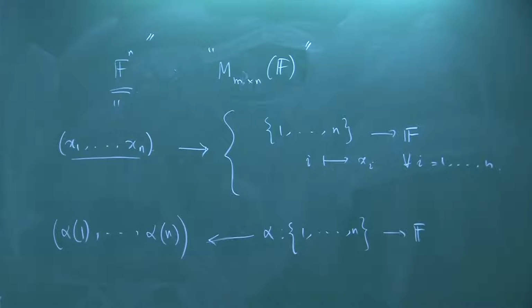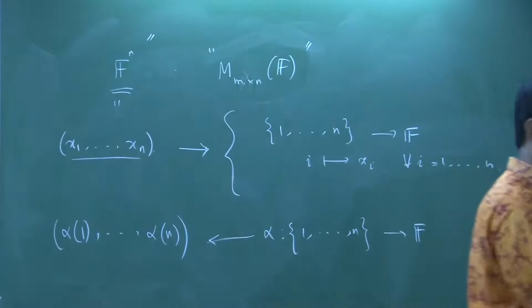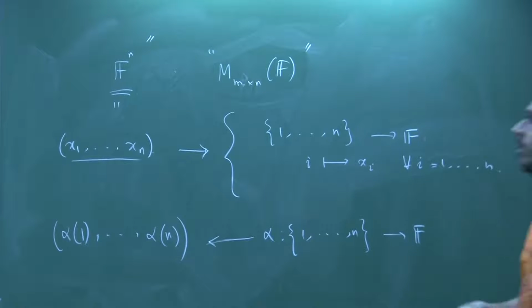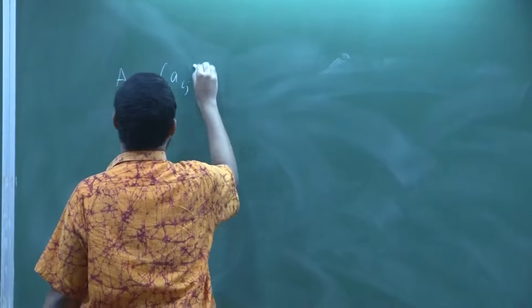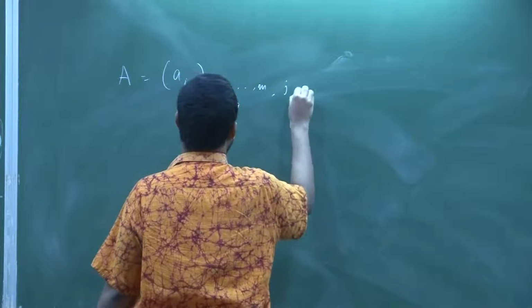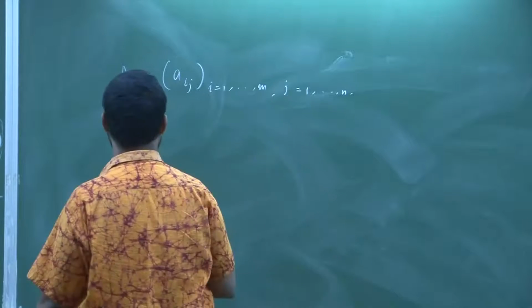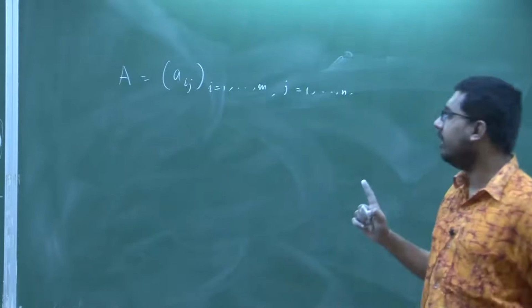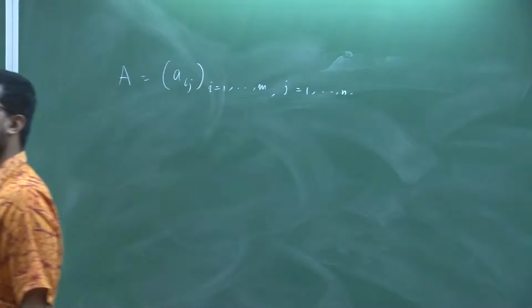Now, we will observe exactly the same thing for the space of matrices. How to do that? Given a matrix, what is a matrix? It is an array of elements from F. So, given a matrix A, as earlier we have elements A_ij for each i and j.